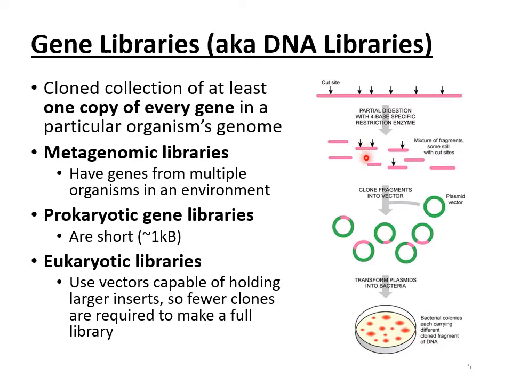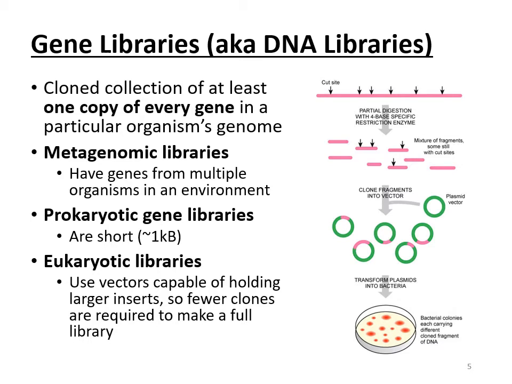Each bacteria on that plate will have different genes, but the plate represents the whole genome. And since that plate represents the whole genome, you can then screen the plate to pick out whichever genes you want to work with.